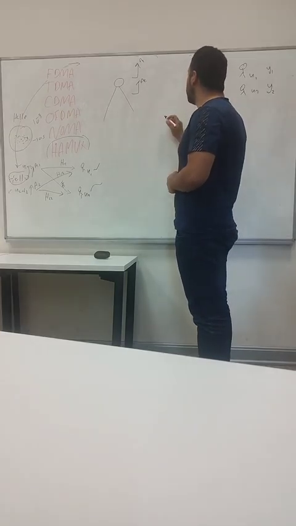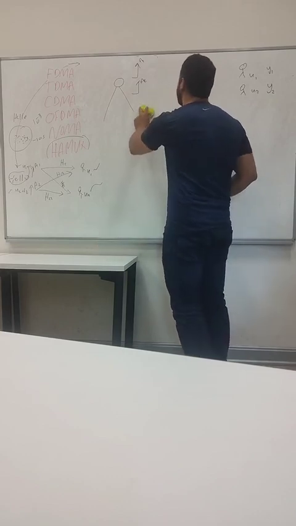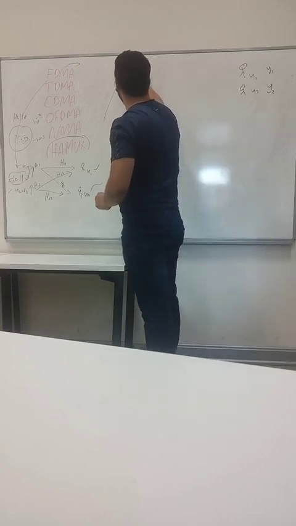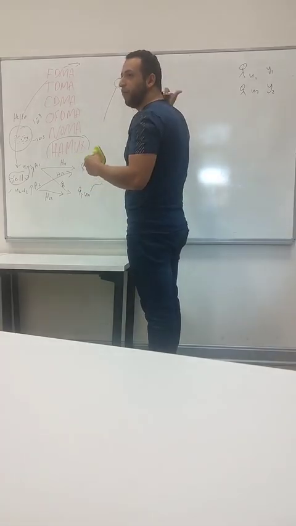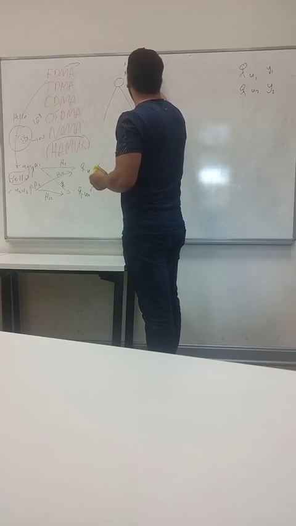So how will the design look like? Let me erase these antennas a little bit. So we have X1 and X2 data, X1 for user 1 and X2 for user 2, and we make them go through a precoder.